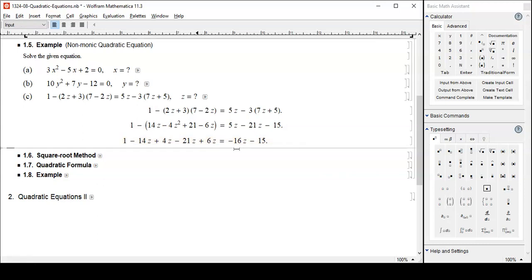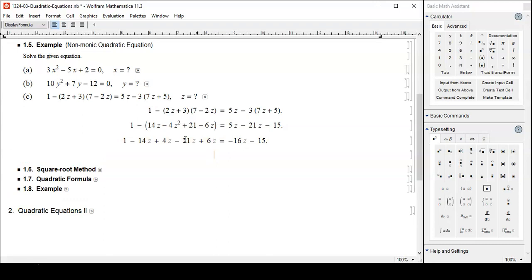Okay, further simplification. Sorry about the typo. Please check if everything is right. The quadratic term, 4z squared. And then the linear term, negative 14.